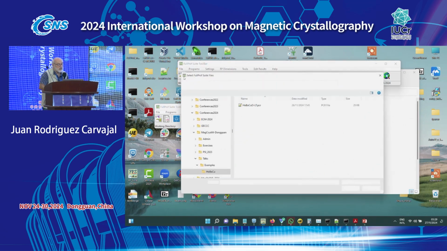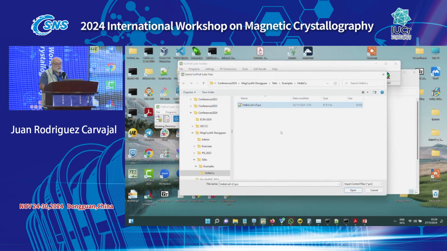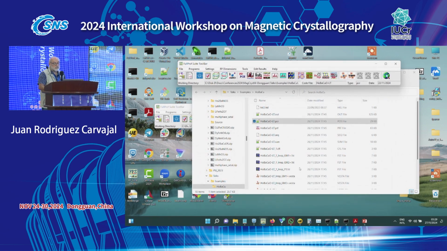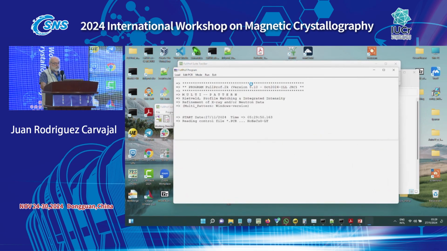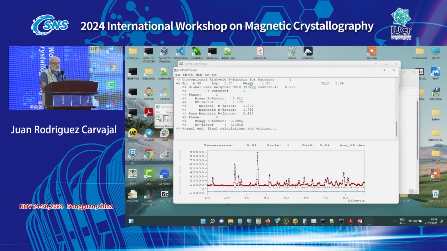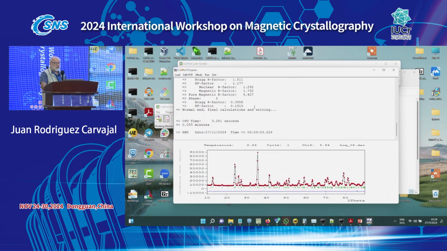If this low temperature, this one, I have the data file in the same directory. In the exercise, you have the data file in another directory, and then you can run in sequential mode in order to see how the things can change. When you run FullProf here, it will run directly because the refinement is very good.